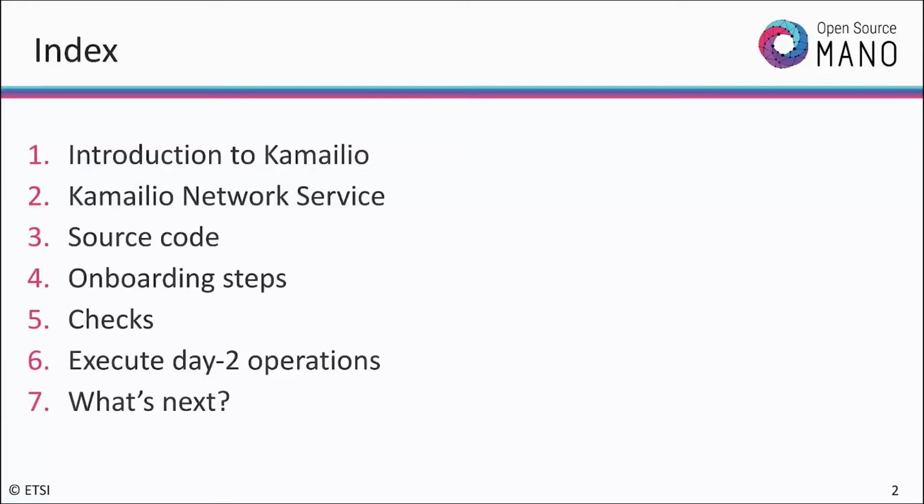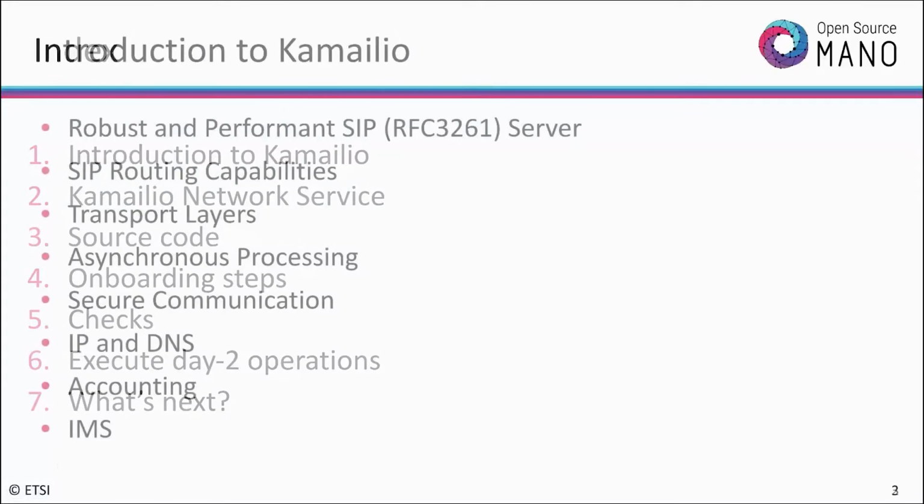Then we will do some checks to check that everything has been deployed successfully. And then we will end by executing some day 2 operations. And in the end, we will finalize the session by introducing what we will continue tomorrow.